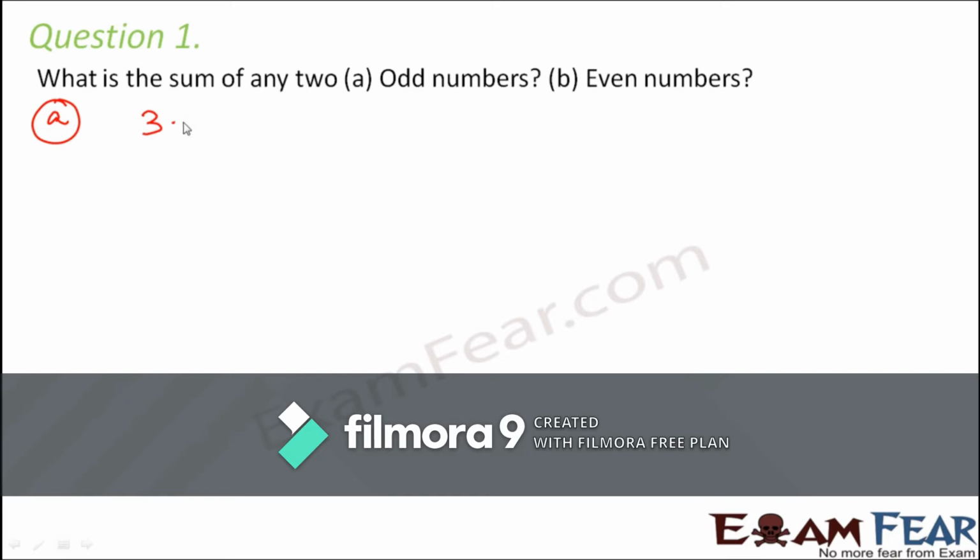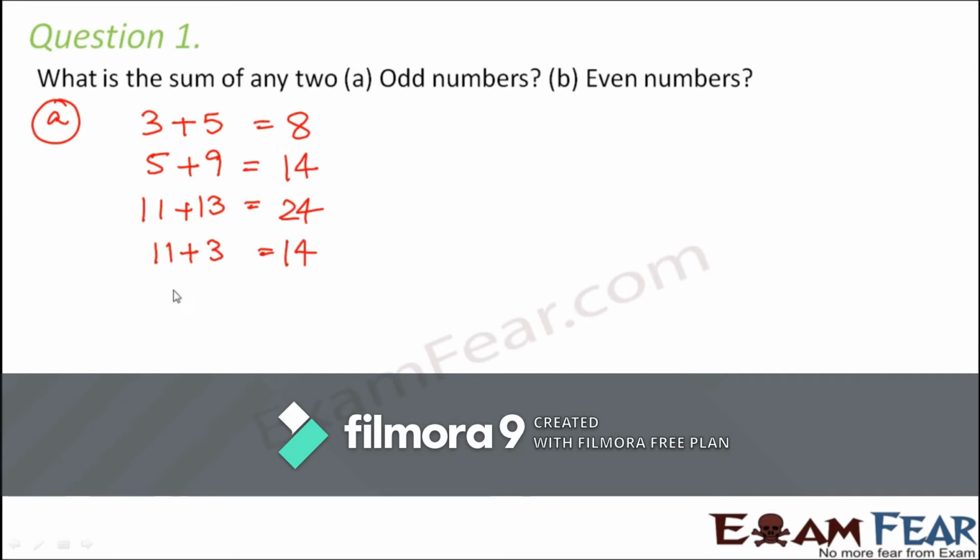Let us consider two odd numbers like 3 and 5. When you add them, you get 8. Consider two odd numbers, 5 and 9. When you add them, you get 14. Add 11 and 13, and you get 24. When you add 11 and 3, you get 14. 11 plus 15, you get 26.